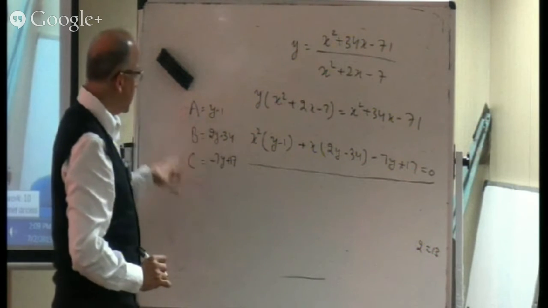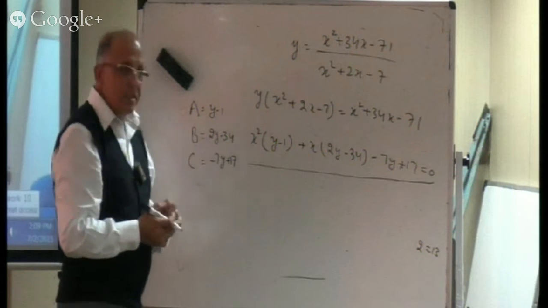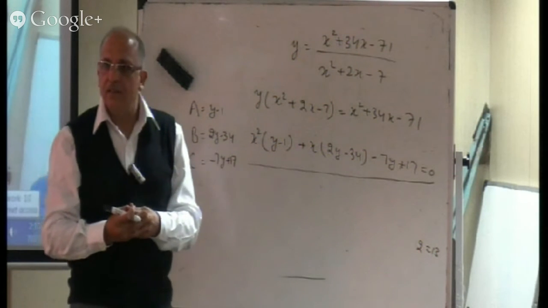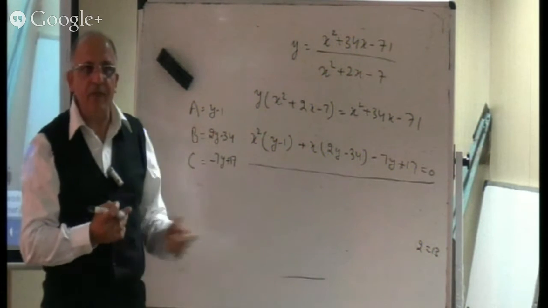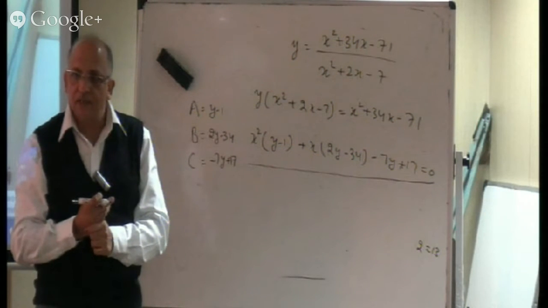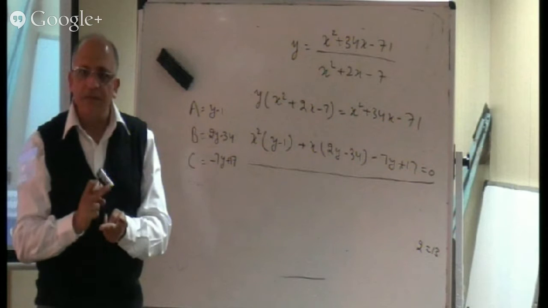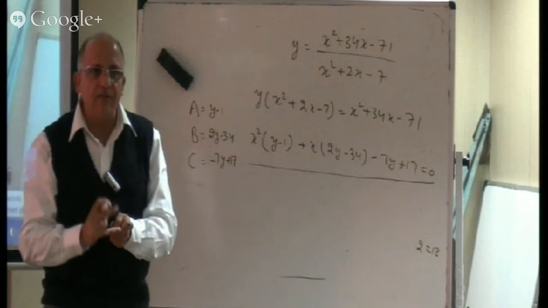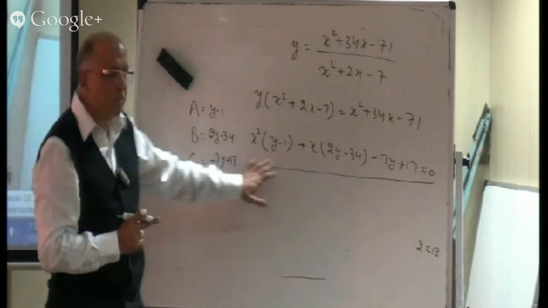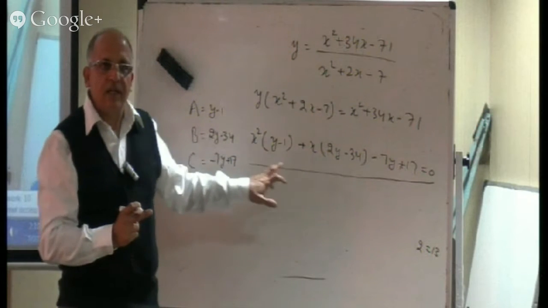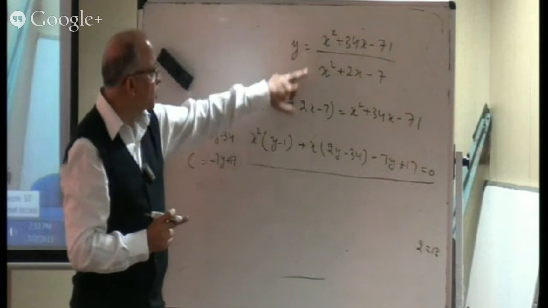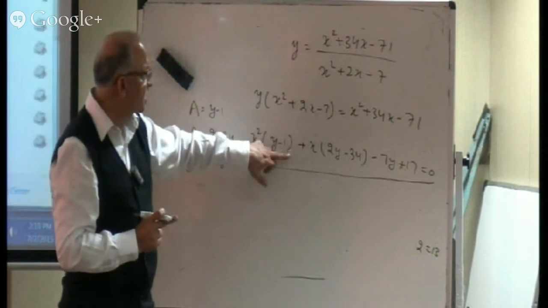So a, b, c. Now since x has to be real, the discriminant of this should be greater than or equal to 0. The question is, if we have to input only real values of x, what will be the value of y? If this is true, then this is true.